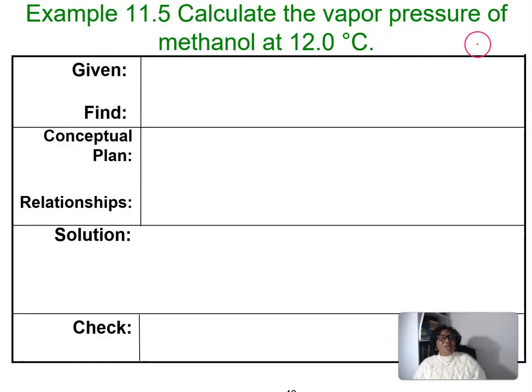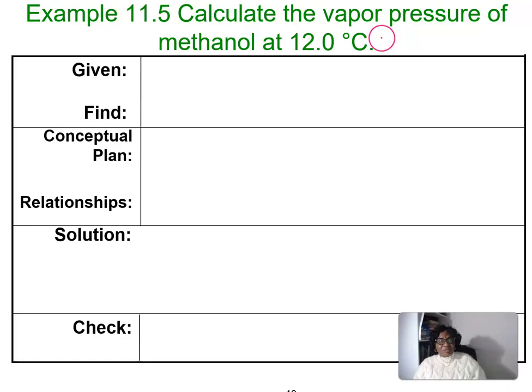Let's take an example. Calculate the heat of vaporization of methanol at 12 degrees Celsius. So they gave us only the 12 degrees Celsius. What is our T1? What is our T2? Normally, if I have to give you the question, I'll give you T1 and T2.